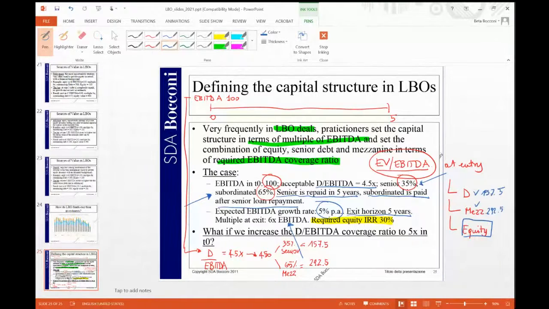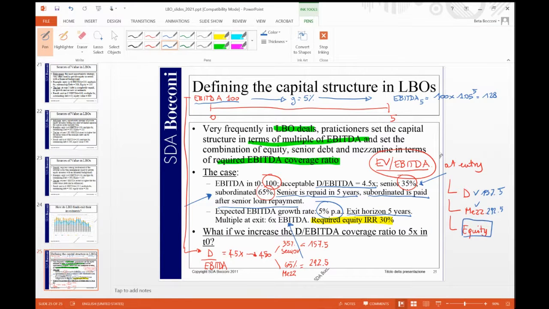But now we can use our private equity method, because we know that at entry the EBITDA is 100. According to our business plan, we expect to have a growth rate of 5% per annum, so that we know that EBITDA in T5 can be something like 100 times 1.05 for 5 years, which basically brings us to 128 million.